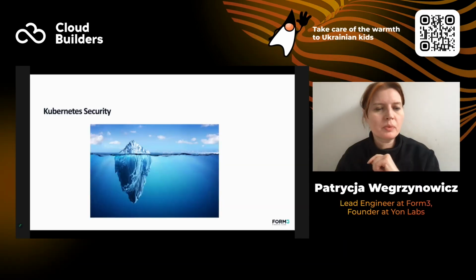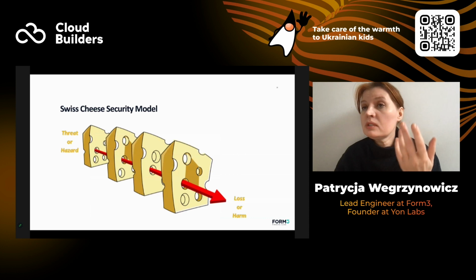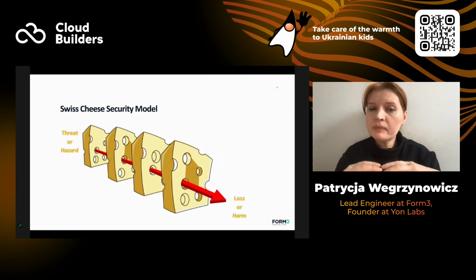Just a short summary: this is only the tip of the iceberg, and there is so much more when it comes to Kubernetes security. So you need to take into account the Swiss cheese security model. It's not only about a single vulnerability, it's usually a set of vulnerabilities.